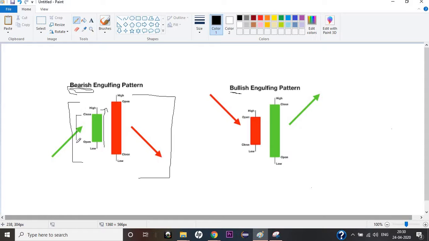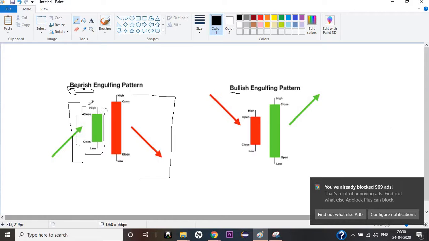We have quite a good body and a lower shadow, so the buyer has a high control for this particular candle. So obviously my next movement would be that the price would open either level with this and go upside, or open higher because the buyer has control. So what happened? The price opened higher, which we predicted correctly.